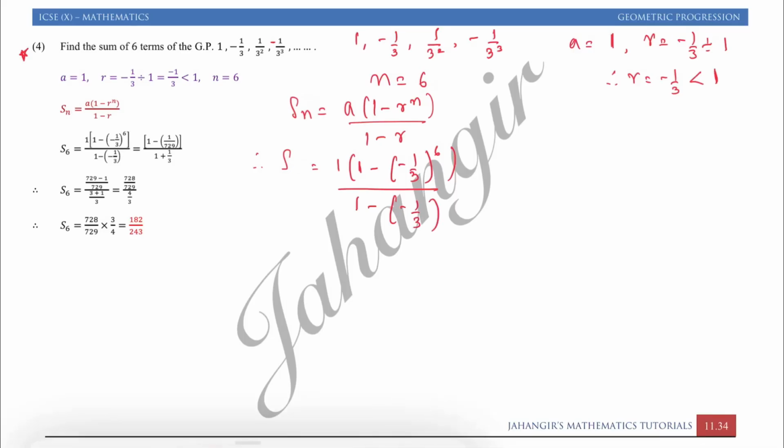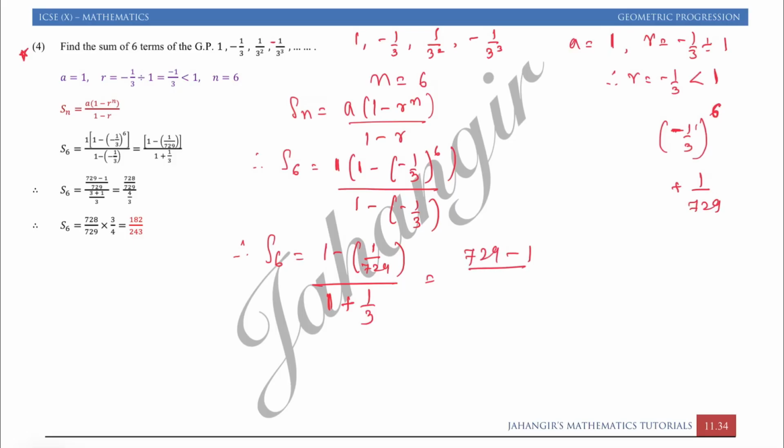So therefore S6 is equal to 1 minus, now see, minus 1 by 3 raised to 6. Since the power is even, this minus will become plus. 3 raised to 6 is 729. You can multiply and check. That will give you 1 upon 729, whole upon 1 plus 1 by 3. Now we will take LCM.